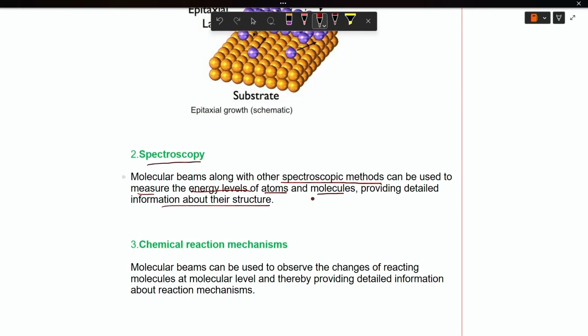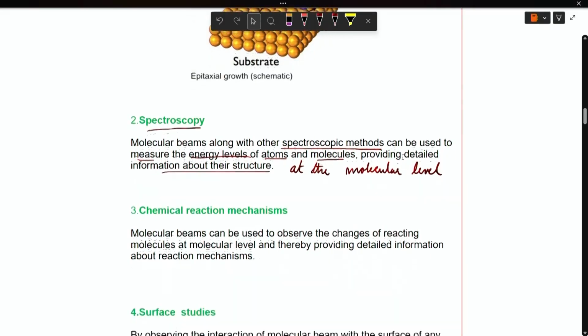Because molecular beams are very small particles, we can combine them with spectroscopic methods, and then you can measure the energy of atoms and molecules, and also get the information of their structure, at the molecular level, or you can say at the basic level of any substance.